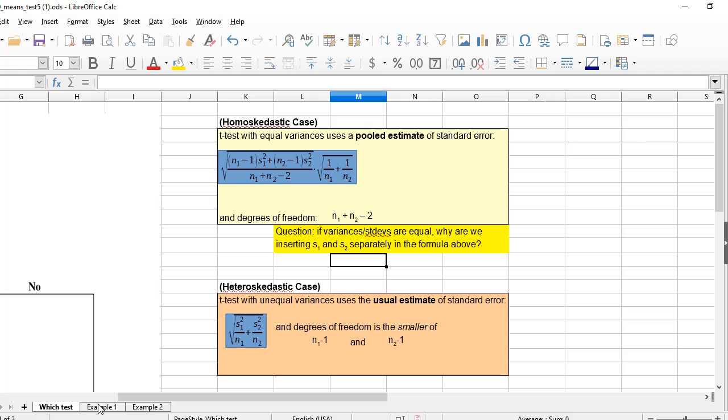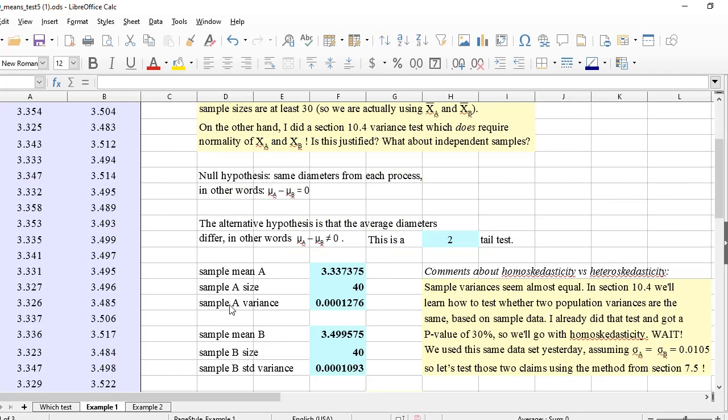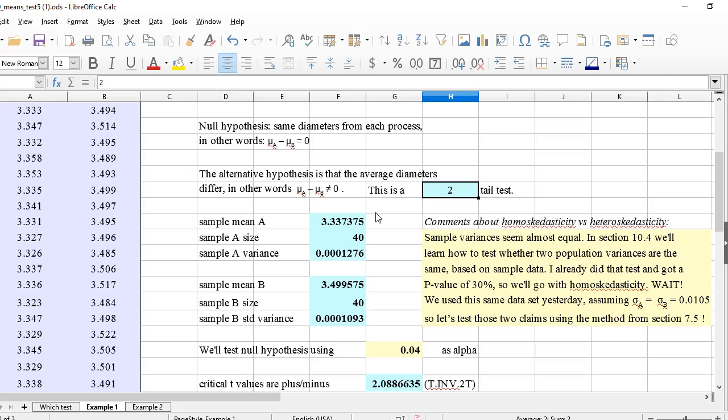Okay, let's go back here to our example 1. So we determined that this is a two-tailed test. Perfect. Because we are saying that mu A minus mu B does not equal 0. So that means our claim is the null hypothesis.